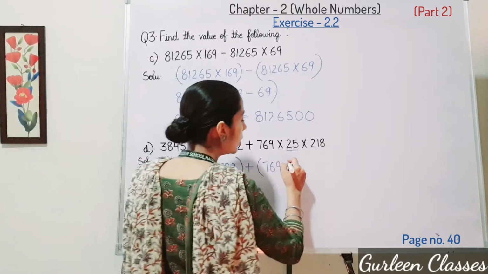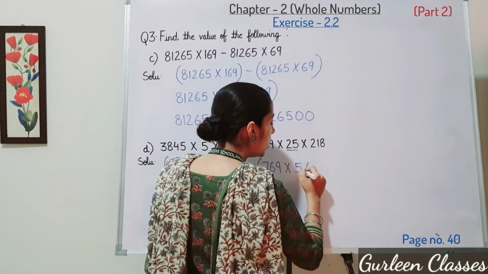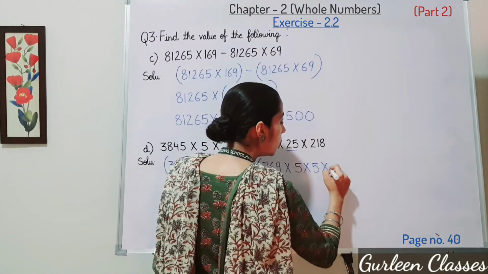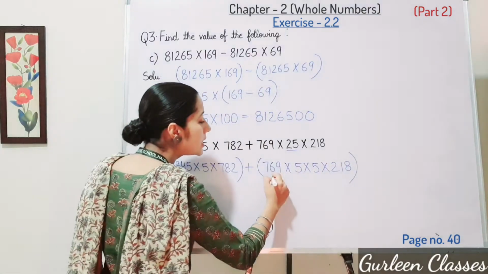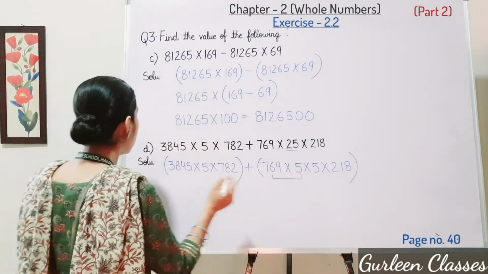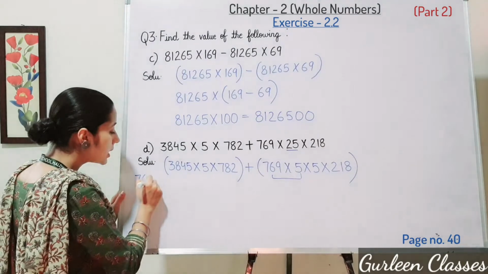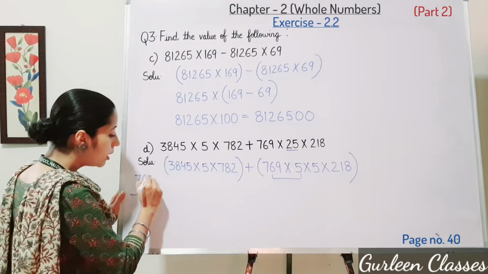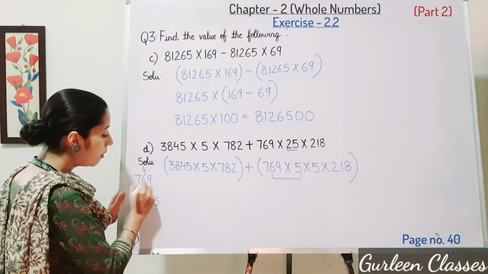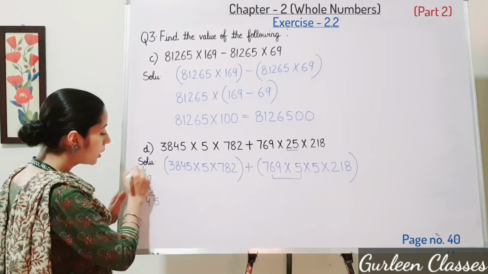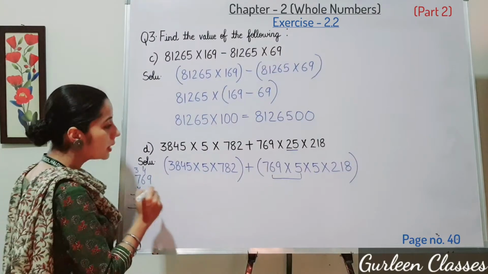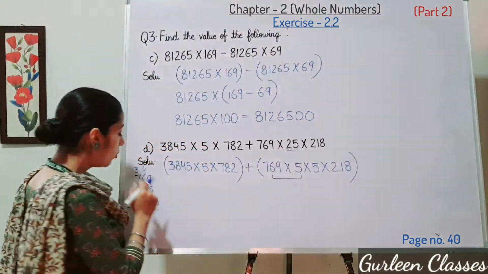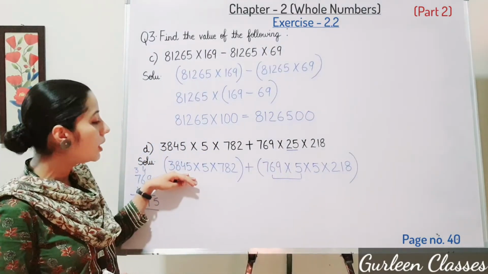So right here 5 into 5 into 218. So if you multiply 769 into 5, 5 nines are 45, 5 sixes are 30 plus 4 34, 7 fives are 35 plus 3 38. So it is coming 3845. As you can see, 3845.